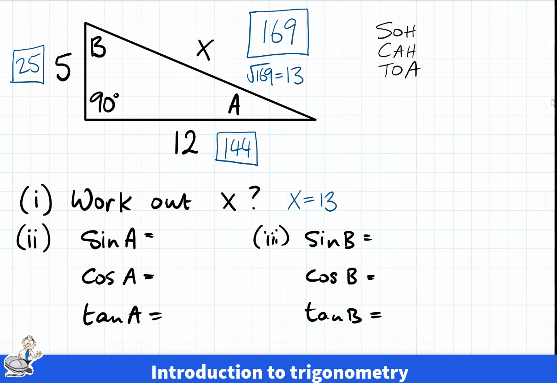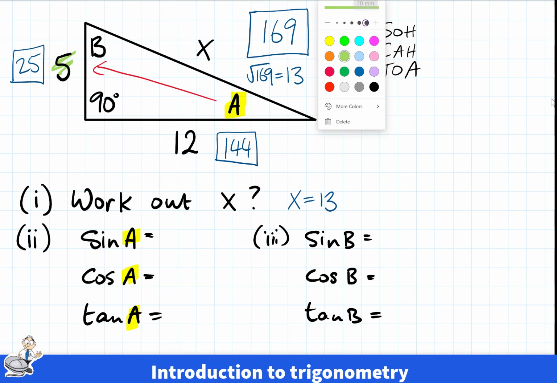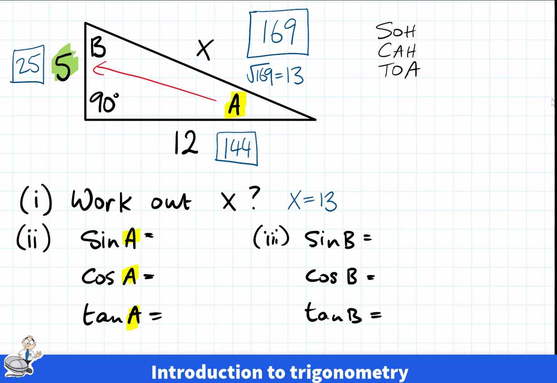Now, it depends on which angle we're talking about, though. So when we're talking about angle A, the opposite in angle A, the one across from it, is 5. So the opposite in this first question is going to be 5.